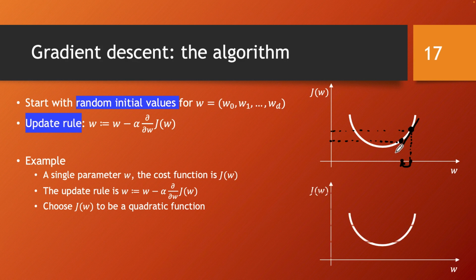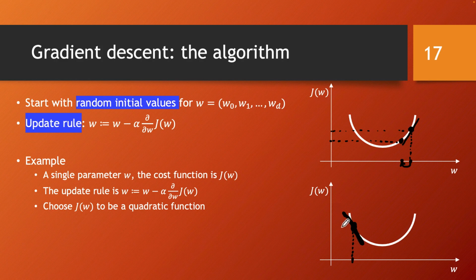And this also applies if you start, for example, on the other side of the slope. So let's say that you start somewhere here, so your initial w is here. Again, the update rule in the gradient descent is going to say, hey, you need to take a look at the partial derivative. My point with the partial derivative is that this is connected to the tangent through this point, and in this case, on this part of the curve, the slope of the tangent is negative.